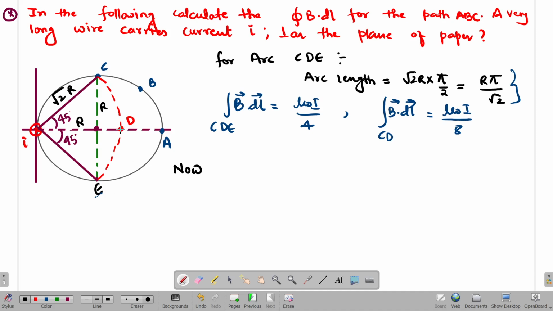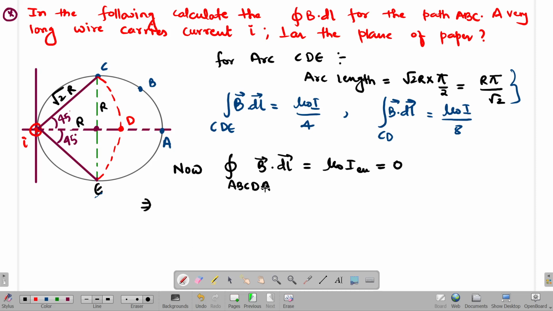So I can itself consider this as an Amperian loop over here or not. This is a small loop. So integral over closed loop ABCDA once again, B dot dl is mu naught I. But is there any current inside it? No. So it is equal to 0 or not.